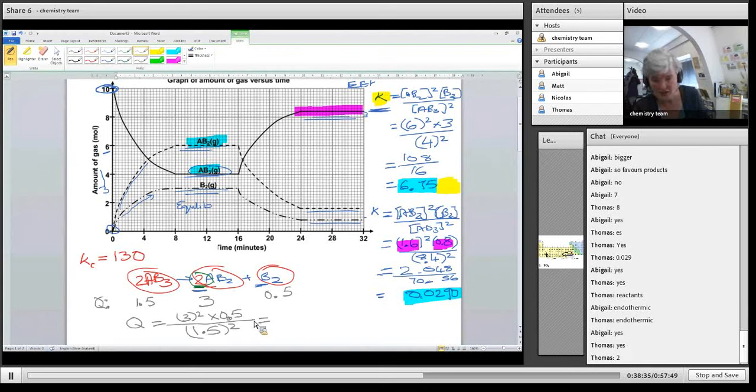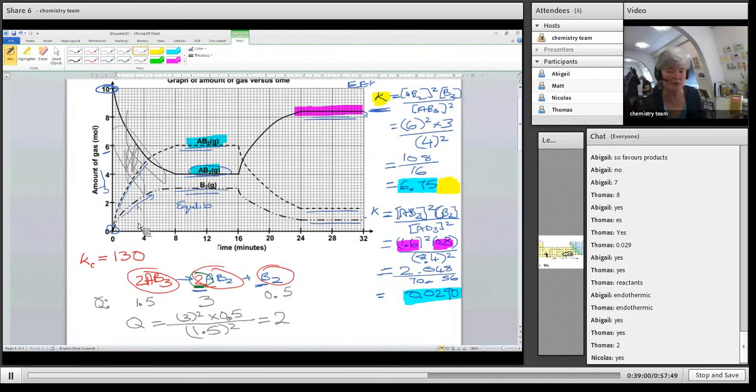Did you get an answer of 2? Did anybody else get an answer of 2? Because I was just making that up in my head. Yep, okay, great. So there's a nice simple figure. Now, as I say, this is not at equilibrium, and this reaction is still happening, somewhere in this area where it's not in equilibrium.